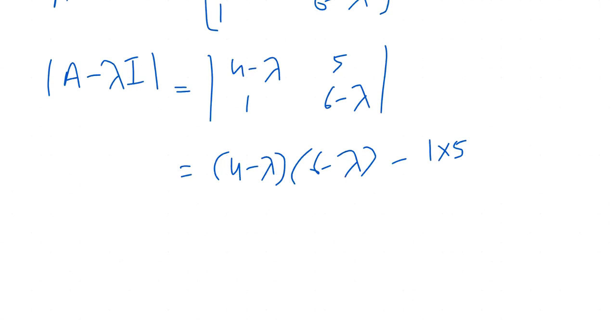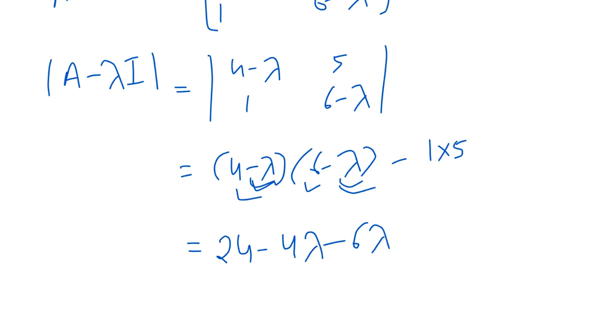So 4 into 6 is 24. Minus 4 into lambda, 4 lambda, minus lambda into 6, 6 lambda, and minus lambda into lambda, plus lambda square. Minus 5. So we will have here 19 minus 10 lambda plus lambda square. Did you get it?